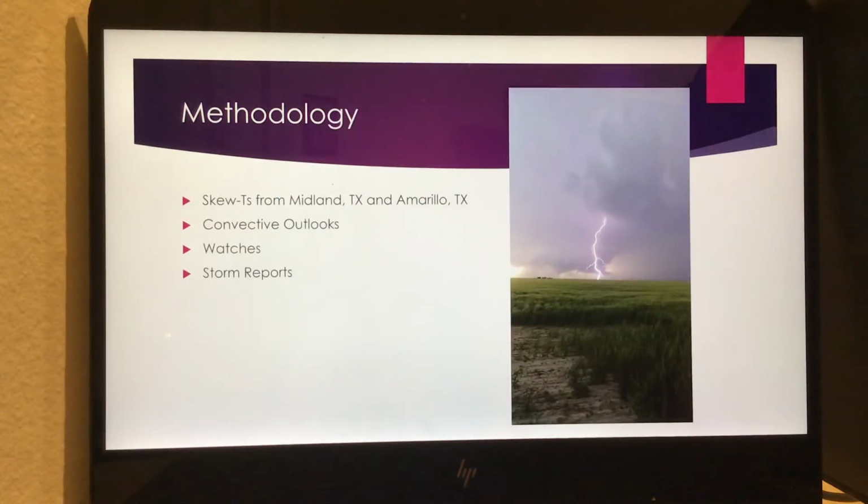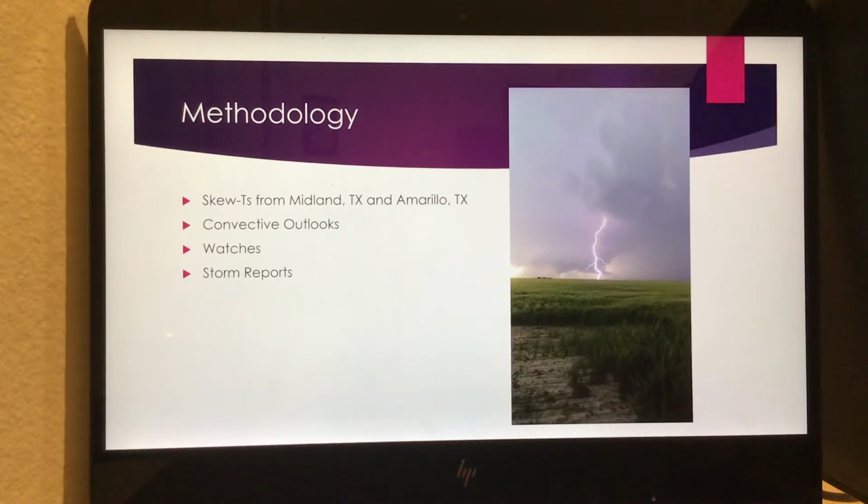Going to the methodology, so like I said, I acquired skew-Ts from Midland and Amarillo, Texas, and I put everything in a spreadsheet. So I had all the days listed, and I marked which stations I pulled skew-Ts from, and as far as which skew-Ts I decided to pull from, I looked at ones that were favorable for storm development by looking at total totals, lifted index, and CAPE.